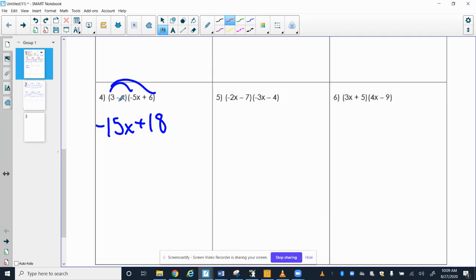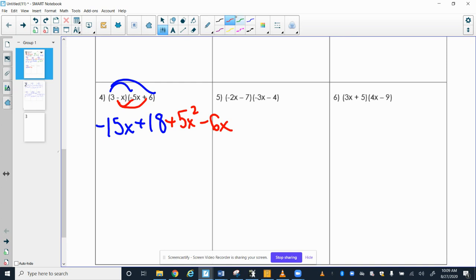Then we multiply the negative x to both. So negative x times negative 5x, that would be plus, the negative times the negative is a positive, 5x squared. Then negative x times a positive 6, that's going to be a minus 6x.